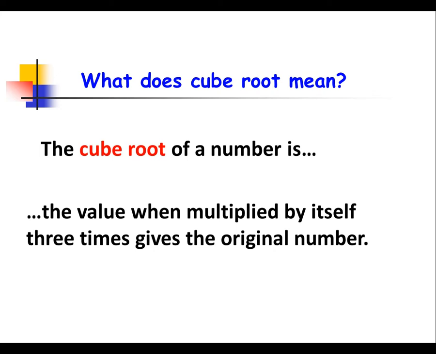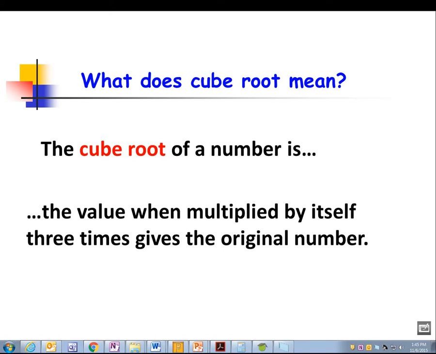Now that is kind of worded weird, but there would be a number that goes multiplied by itself 3 times. Multiplied by itself 3 times gives the original number.